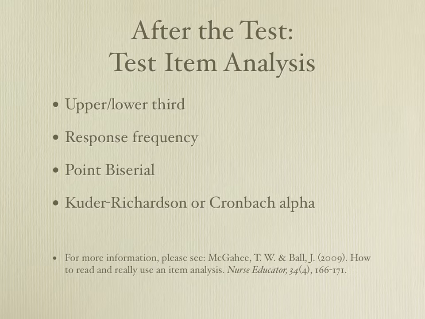And it reflects the total number of test questions, the proportion of responses to an item that are correct, the proportion of incorrect responses, and the variance for the set of scores. Okay, and this comes from McGahey and Ball. And Morrison, Nibert, and Flick, they say to strive for a KR at about 0.65 and above.